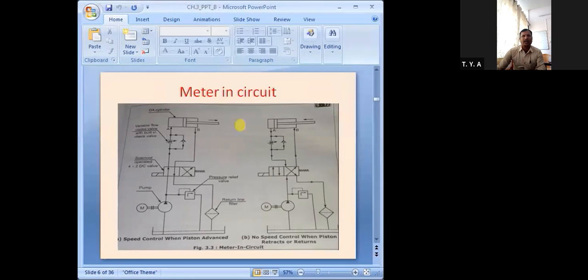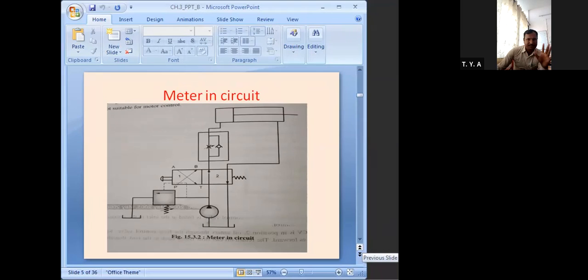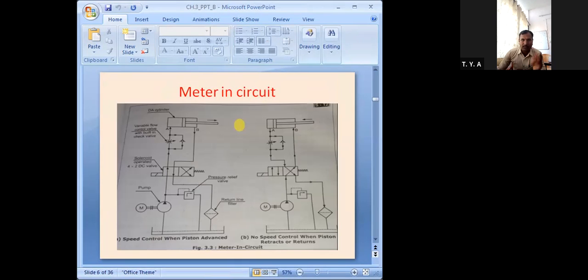See here, this diagram is the standard diagram. With the help of this you can see how the piston is going to extend, that means the extension of the ram. The second image gives the retraction stroke. From the pump, fluid will come from P to A, then go through this pressure compensated flow controller.